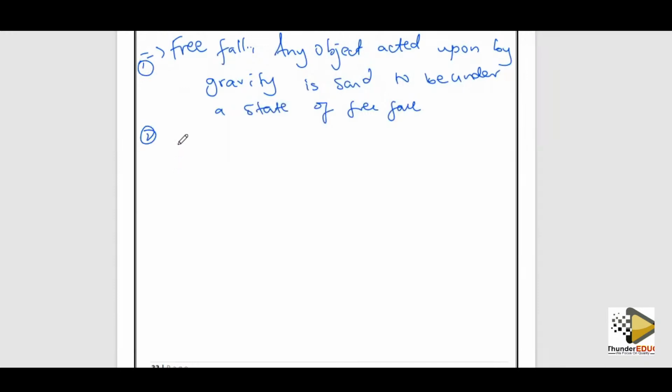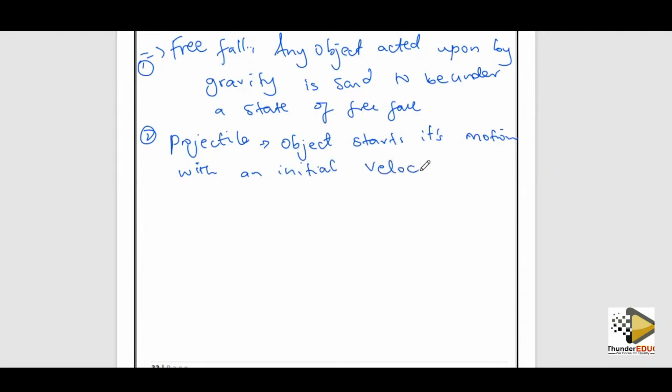Terminology number two is a projectile. What is a projectile? A projectile is basically an object that starts its motion with an initial velocity.